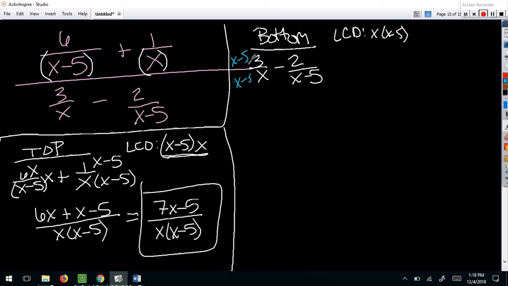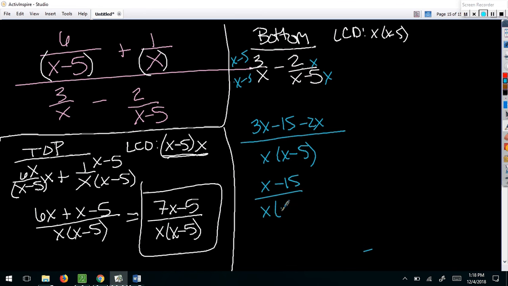The second one needs what? I have 3x minus 15 minus 2x. Yes. Anybody confused at this point?